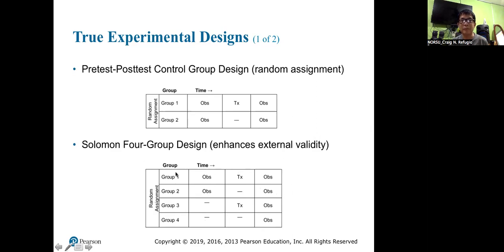We classify group 1 in this pair as the experimental group and group 2 as the control. For the other pair, we give the treatment to group 3 and no treatment to group 4, so group 3 is the experimental group and group 4 the control group. Take note of the diagram regarding where to give the control and where to have the experimental group.